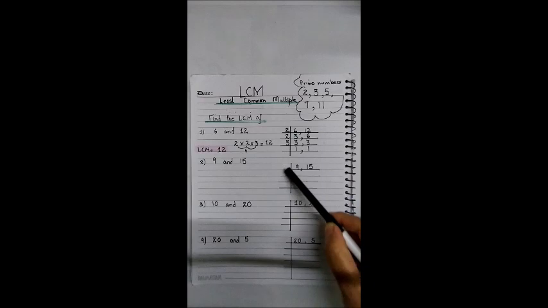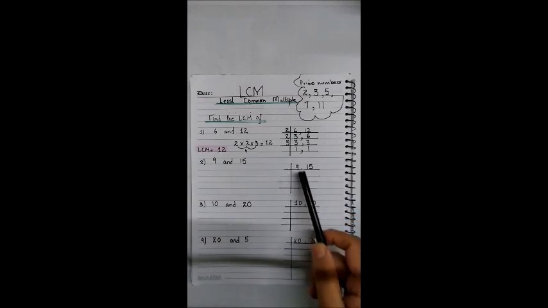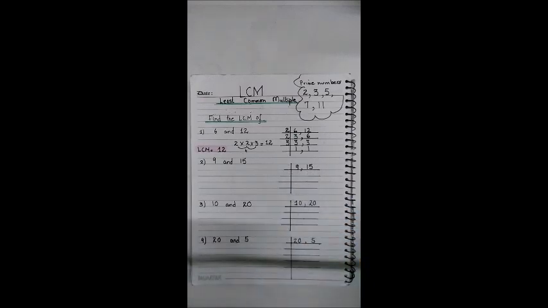Got it? Now, moving on to the new question, the next question, I mean. We have 9 and 15 given here. Now, since I told you that 2, 3, 5, 7 and 11 will be used on this side, do you think 9 and 15 are there in 2 times table?